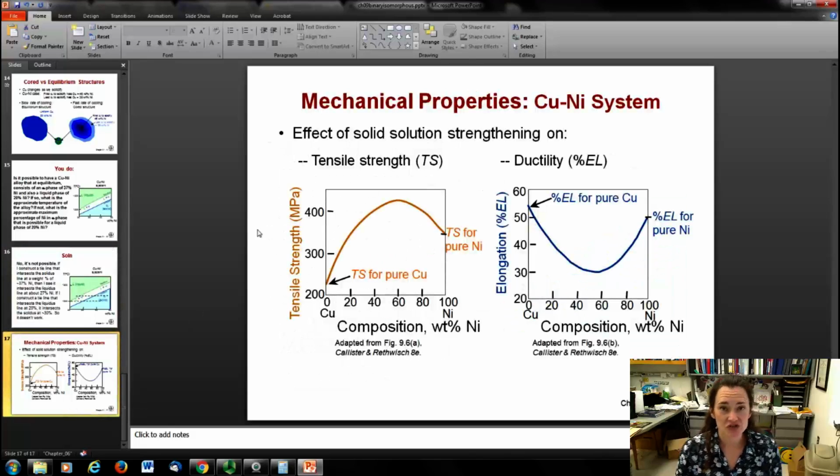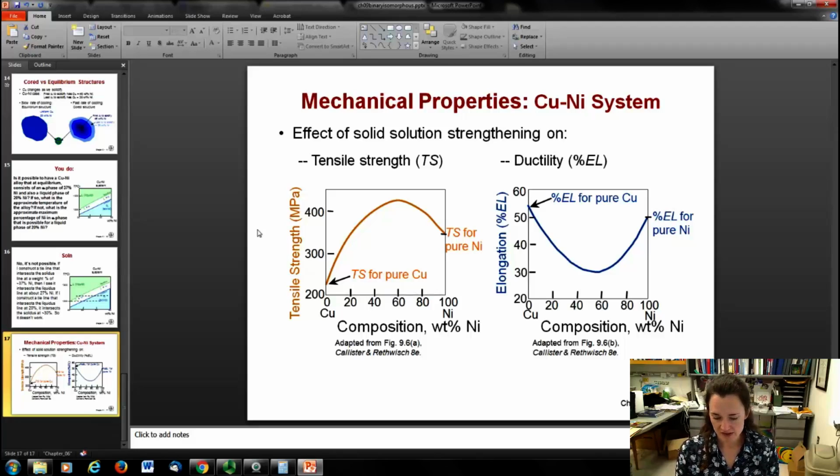Okay, now as you change the weight percent of nickel in this copper-nickel system, it's going to affect various things. It's going to affect the tensile strength most dramatically, and also the ductility. Remember what we said in previous chapters about how solid solutions are affected by the addition of these dopant atoms.